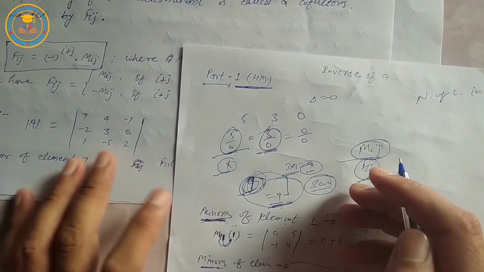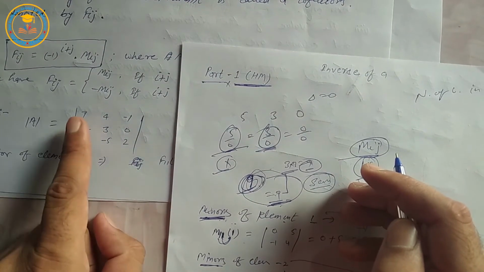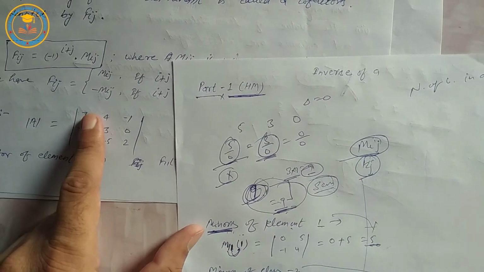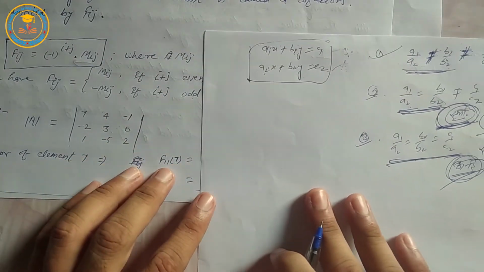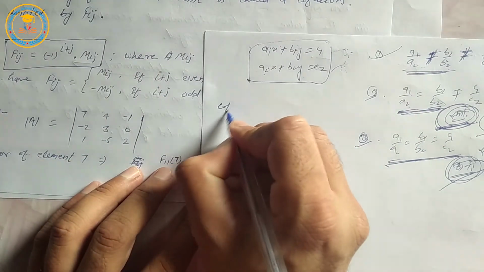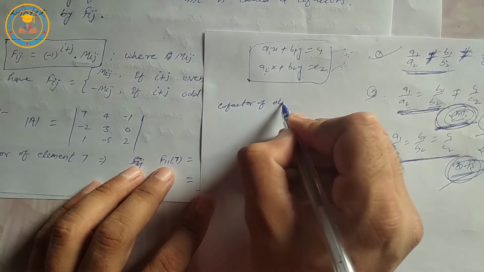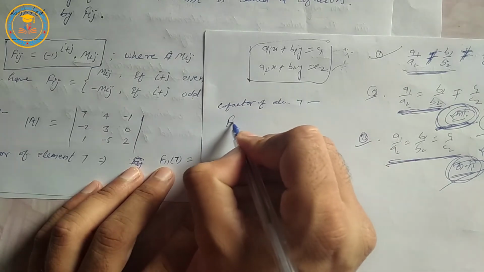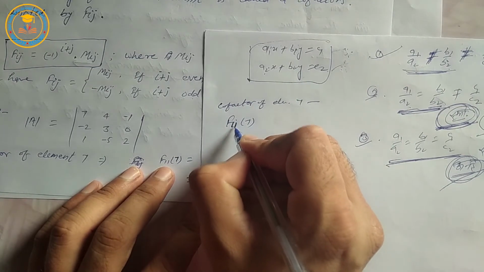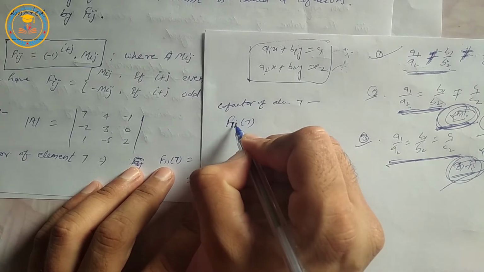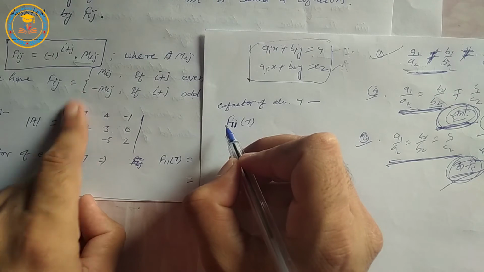For example, determinant A, cofactor of element 7. F17, position of element 7 is first row first column.